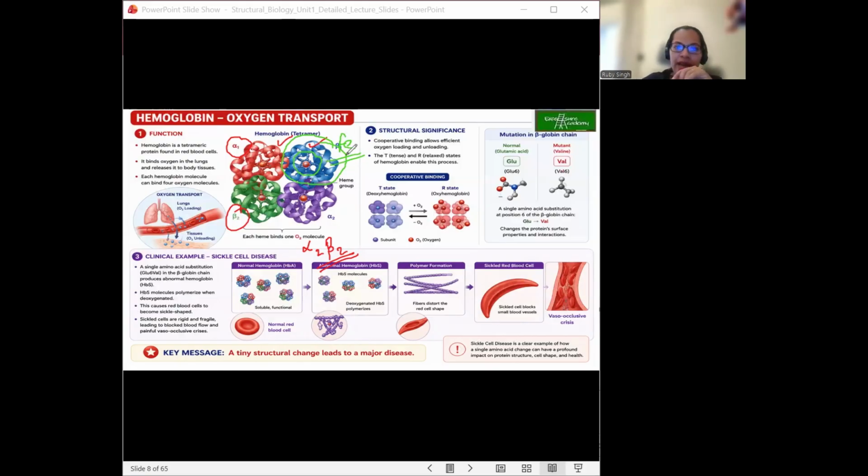This iron center binds to oxygen. It means that with four subunits, four oxygen molecules will be transported by one hemoglobin molecule. So one heme, one oxygen; one hemoglobin, four oxygen. I hope this much of the function is clear.